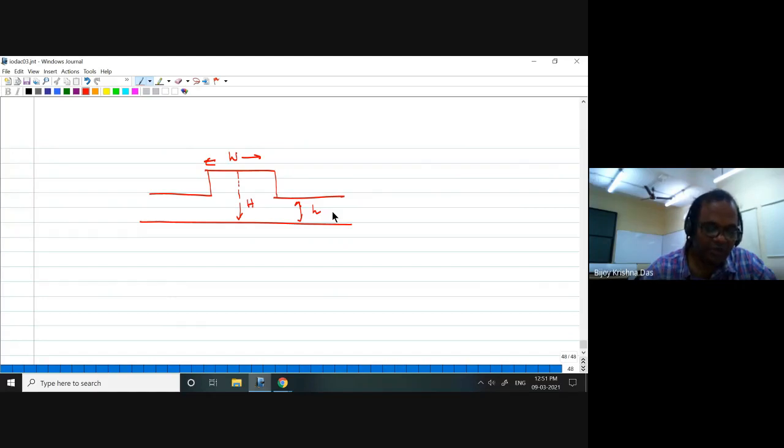But sometimes your material system is not like this type of thing. Sometimes you need a slightly modified system. In that case, how to solve? I'm giving you one quick example.